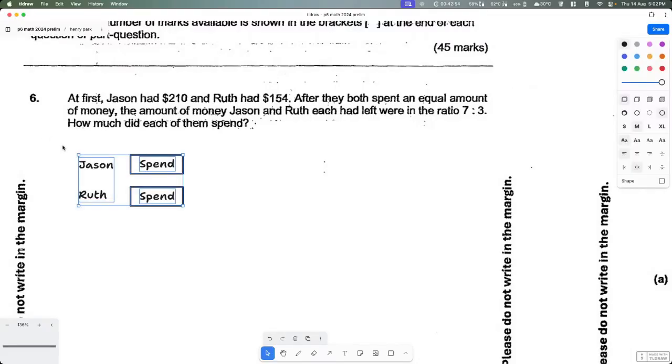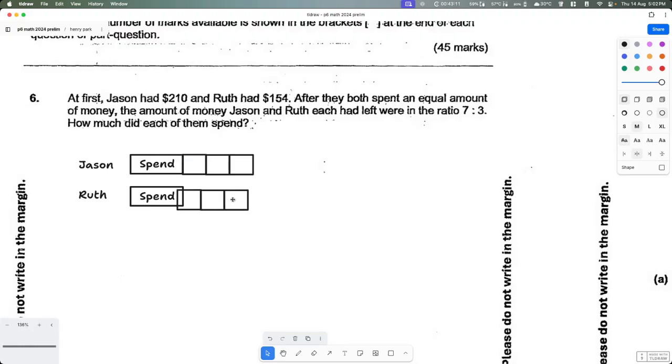So we know that they have spent the same, and at the same time, we also know that they have a ratio after they spend, which is 7:3, right?